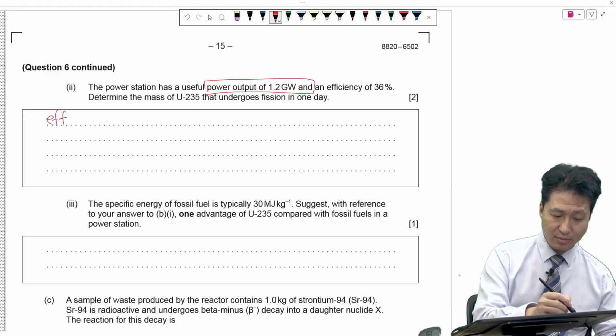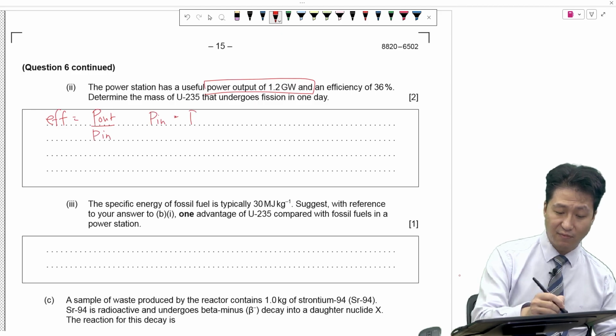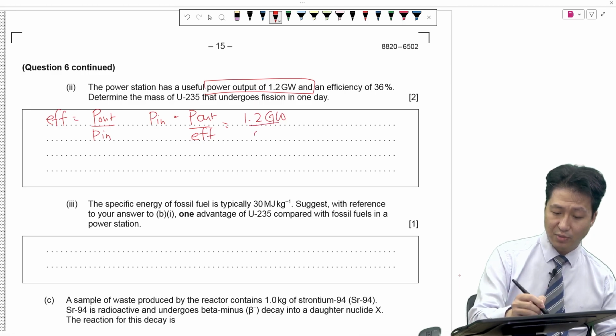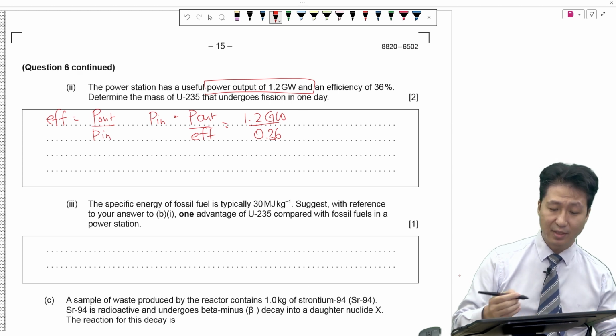So the equation for the efficiency is the power out divided by the power in. Therefore, the power in is equal to the power out over the efficiency. In this case, 1.2 gigawatts divided by 0.36. That will give us the total power that you need.